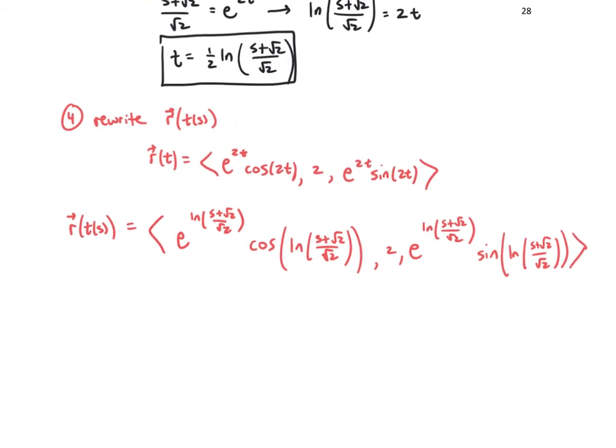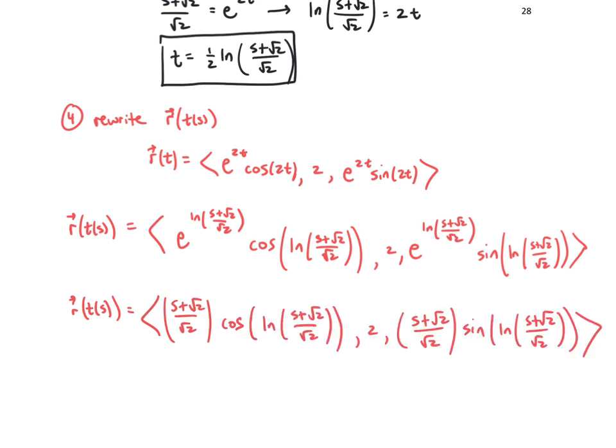Okay, we could simplify this just slightly. I know that you're wanting to be done with this right now, but remember e to the natural log is this inverse relationship, and so for this first part you actually get s plus square root 2 over 2, and you can't do much with this other one. I'll pause and write out the rest.